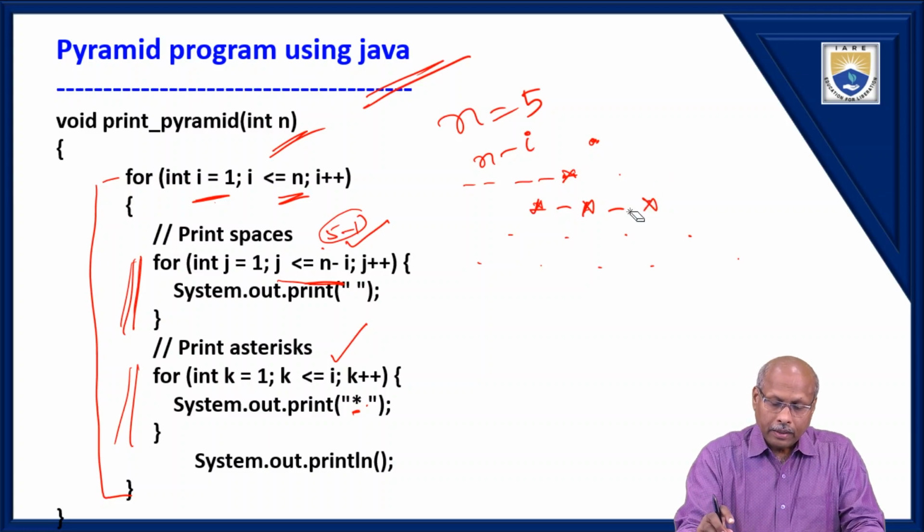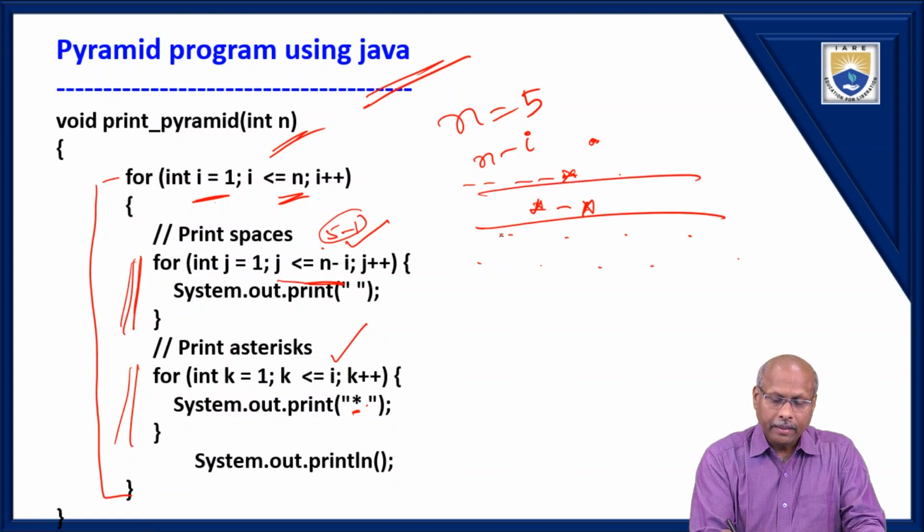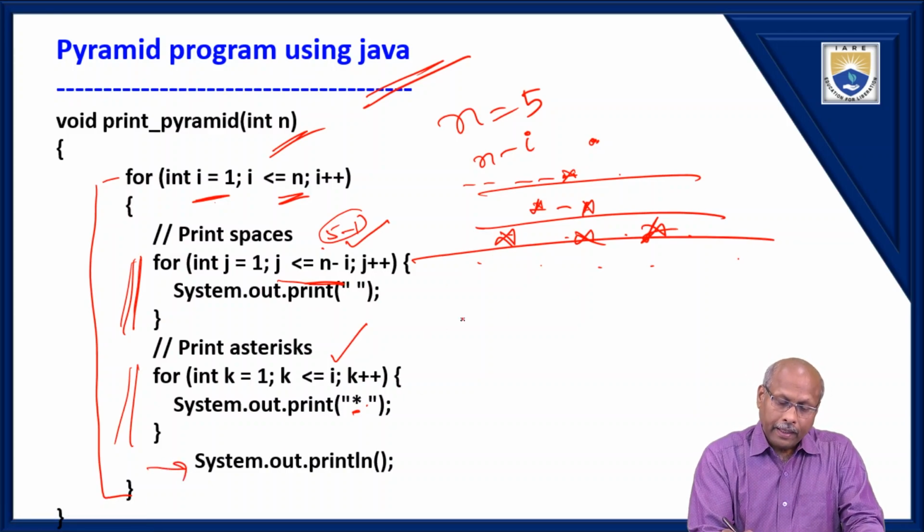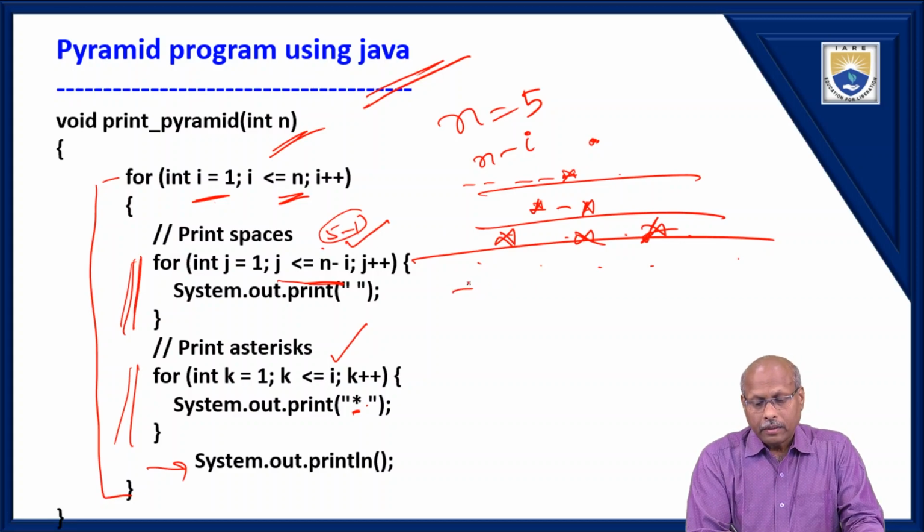So here I am printing line by line. First line, second line, then third line, then it goes to the next line because it is printing the next line. When i becomes 4, 4 minus 1, 1 space, then 1 star, 1 star, 1 star, then 1 star.